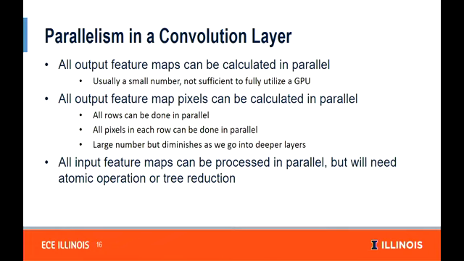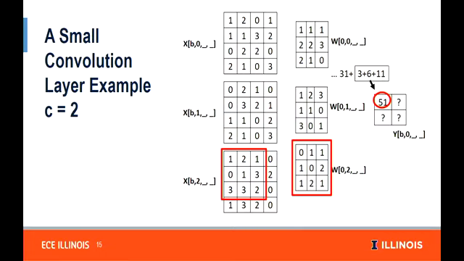And all input feature maps can be processed in parallel. Remember, when we generate an output feature map element, we're going to be collecting the contribution from all the input feature maps. So we could also produce those contributions from all the input feature maps in parallel.